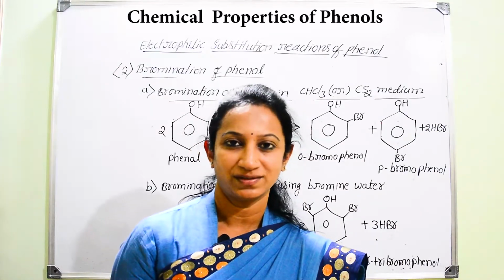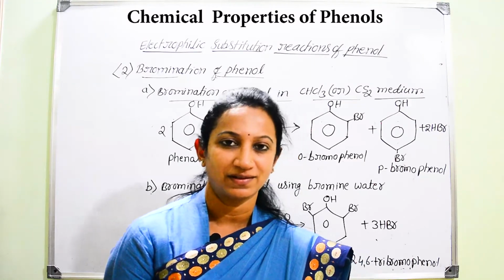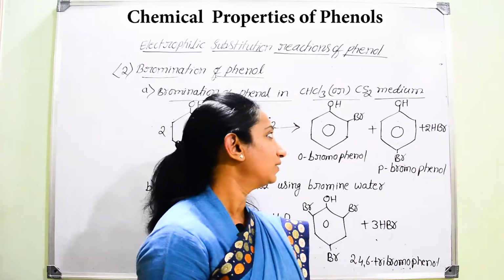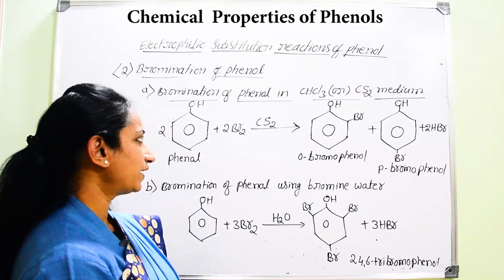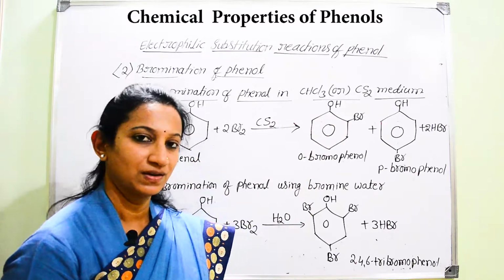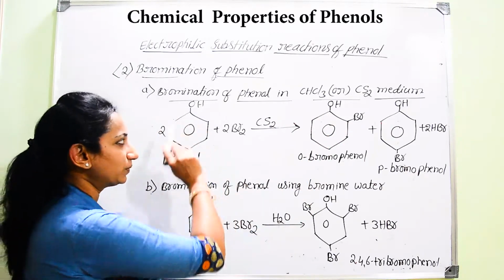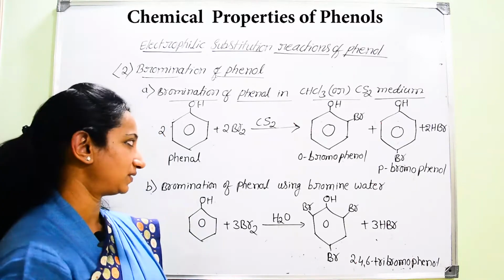Now we can go for the second type of electrophilic substitution reaction of phenol. That is bromination. As the name itself indicates, we are going to substitute bromine into phenol. Once you go for this bromination, we can conduct the bromination of phenol by two methods.